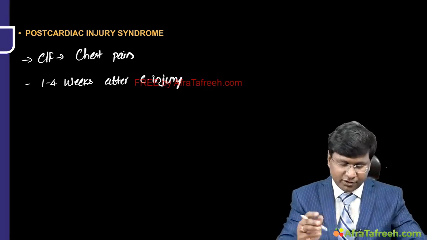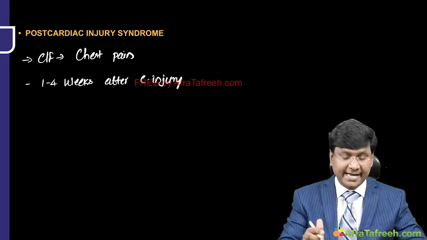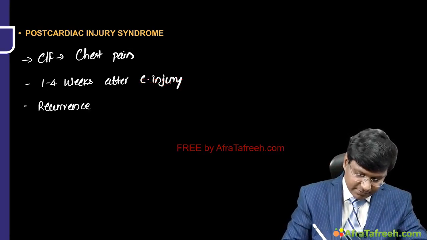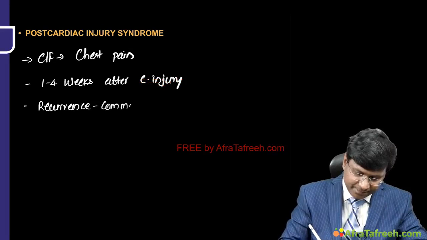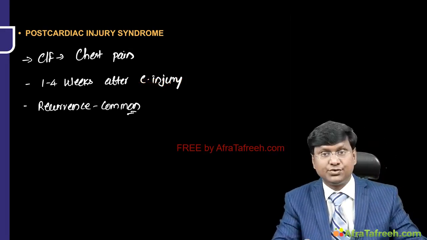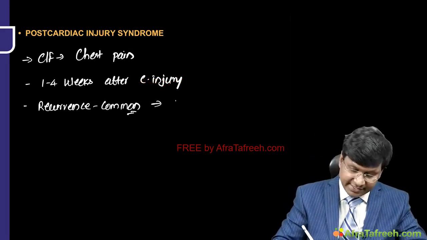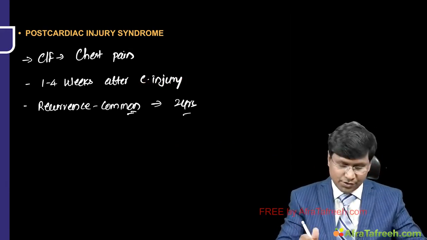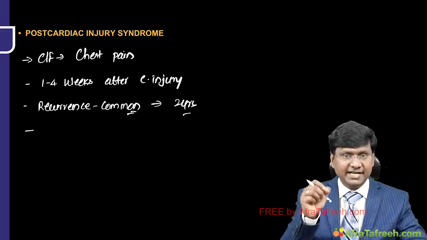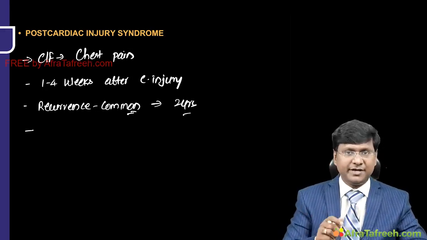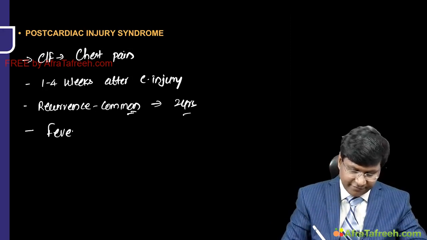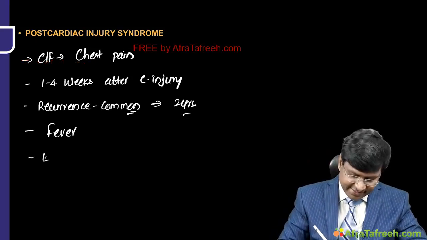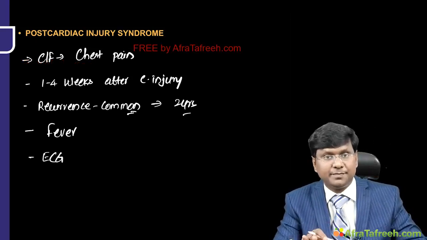Recurrences are very common with post cardiac injury syndrome, and they may occur up to 2 years or more after the injury. Because it is an inflammation, along with chest pain these patients can also develop fever, and the ECG changes will be similar to acute pericarditis.